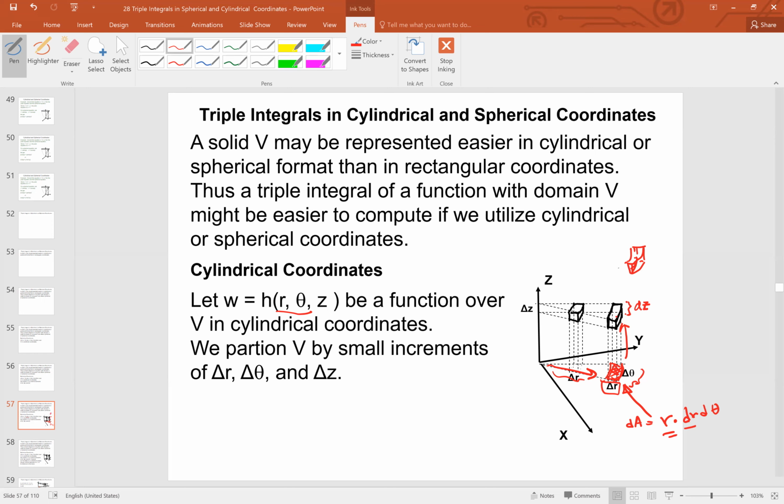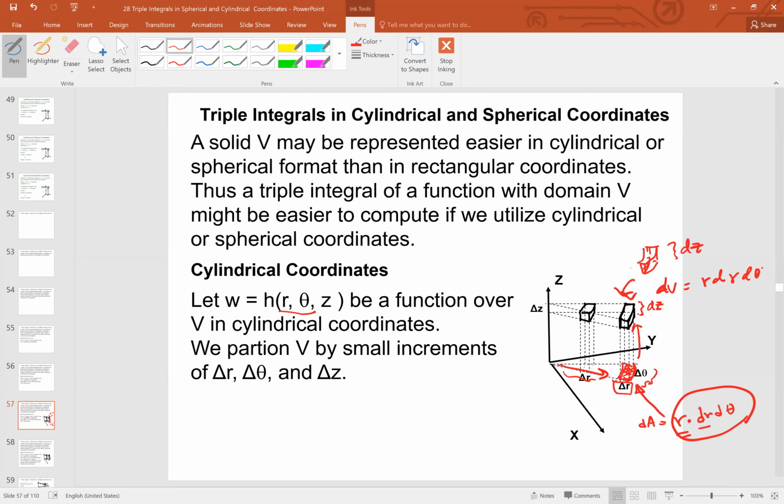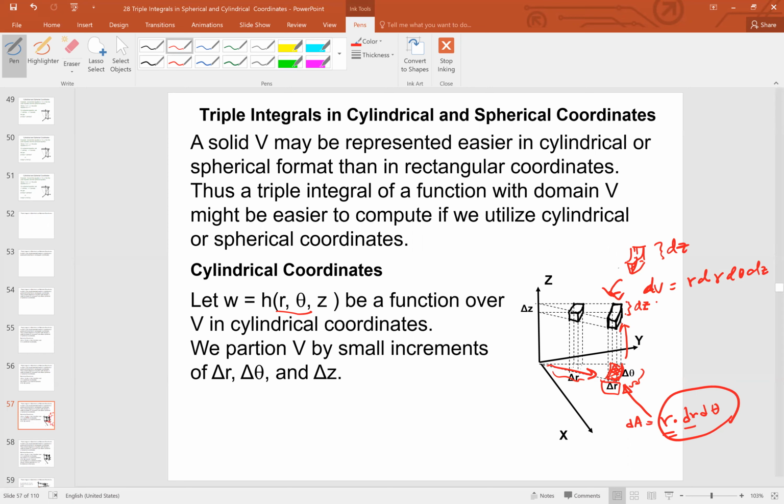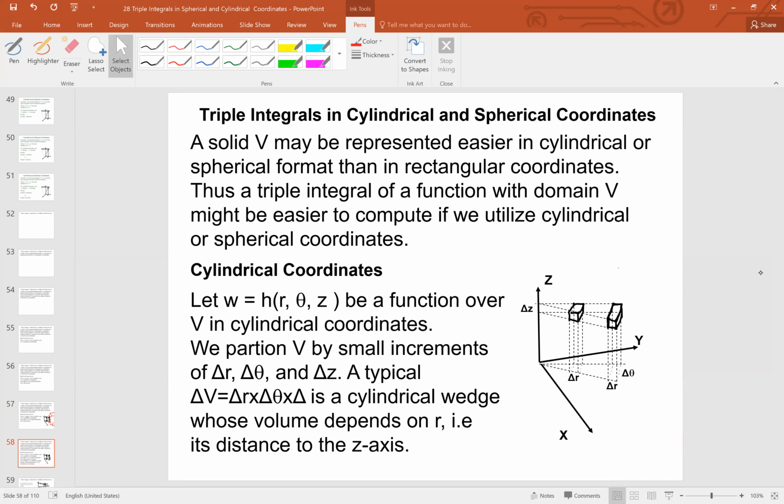The volume of the entire thing, the differential dV, a small amount of volume, is going to be r dr d theta times how thick it is, dz. So this is the volume differential in cylindrical coordinates.